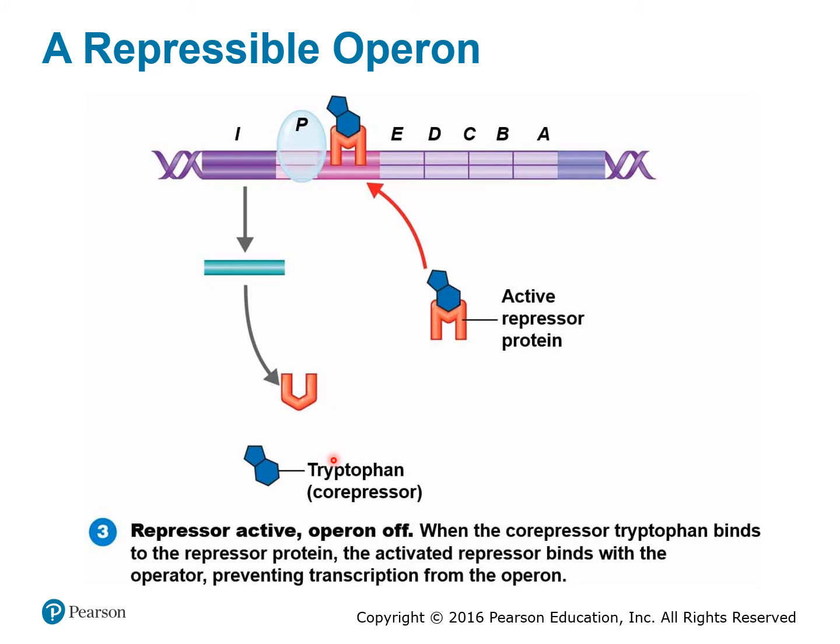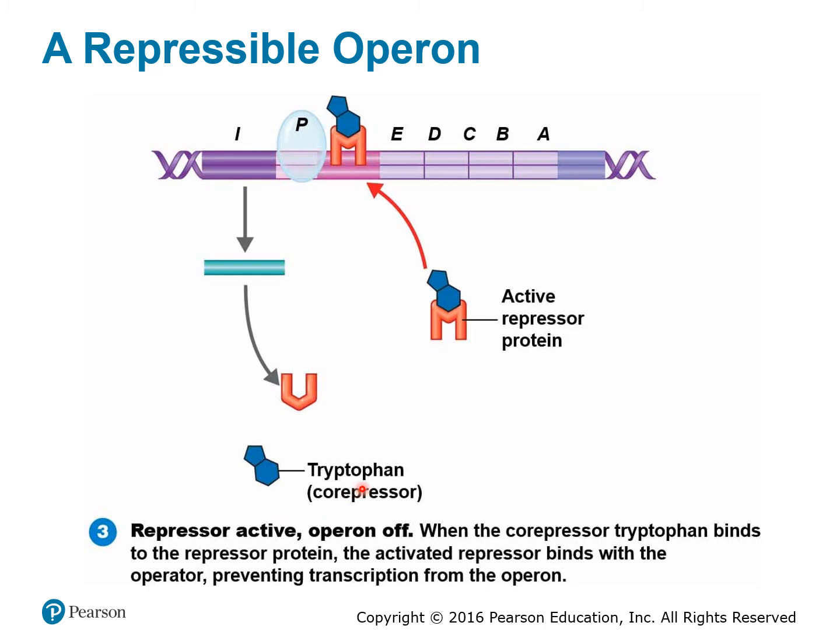And so what happens is as this operon is turned on and lots of proteins are being made to help make tryptophan, the levels of tryptophan increase.